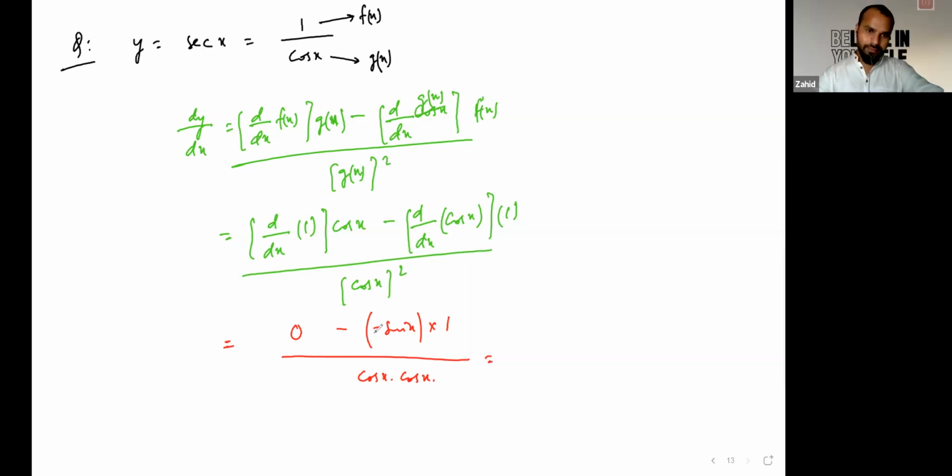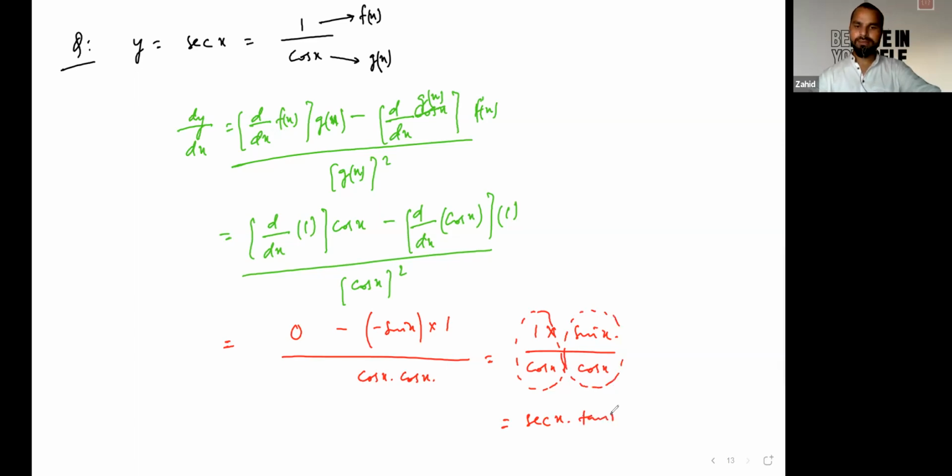Now, minus minus becomes plus, so we can write 1 into sine x divided by cos x into cos x. This part gives you 1 over cos, which means sec x, and sine over cos means tan x. So your result is sec x into tan x. Khalid, I think you were right.